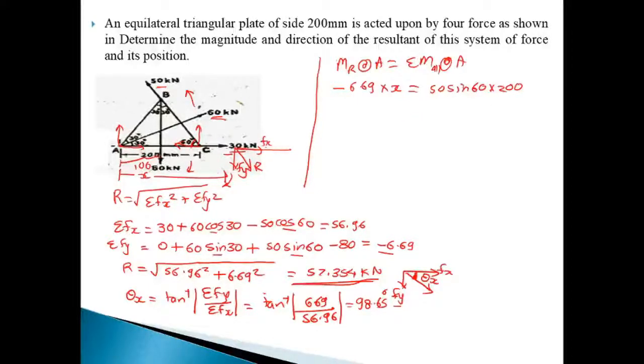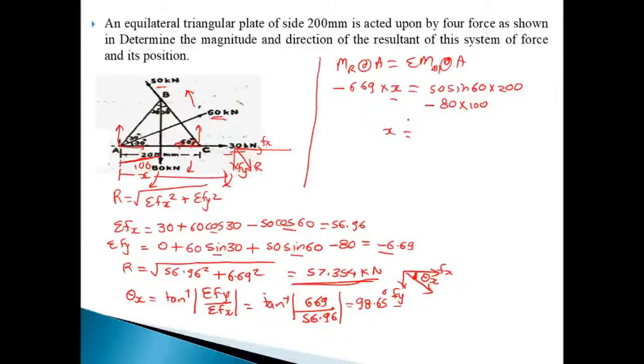Similarly, we can find out the rotation for this also. This rotation is in clockwise direction, so we consider it negative, and the moment is 80 into the perpendicular distance, which is half the distance, which is 100. So in this equation we have only one unknown, that is x. So we can calculate x by solving this equation.